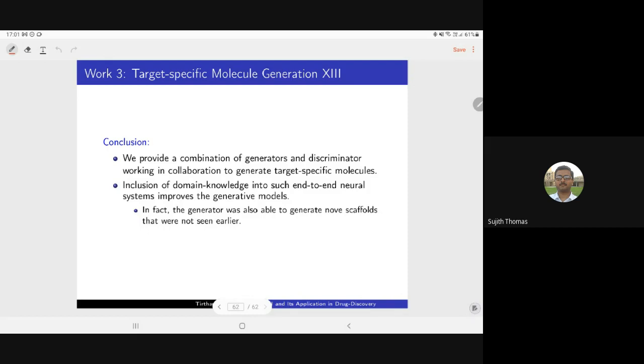In fact, the generator was also able to generate novel scaffolds that were not seen earlier. This is a very interesting result, and we are still experimenting further on various other targets.